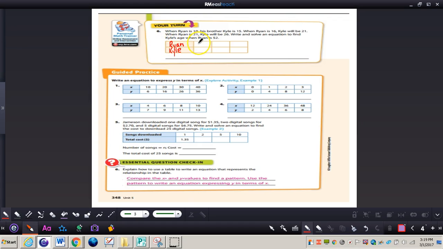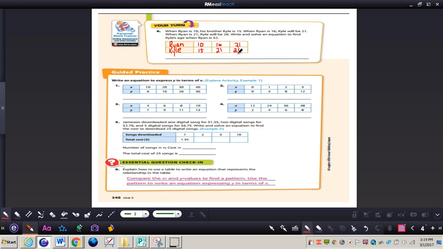So we know a couple things, that Ryan is 10 years old, and then when Ryan is 10, Kyle is 15. When Ryan is 16, Kyle is 21. When Ryan is 21, Kyle will be 26.